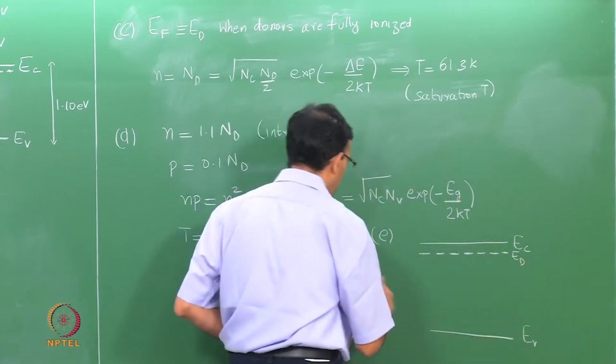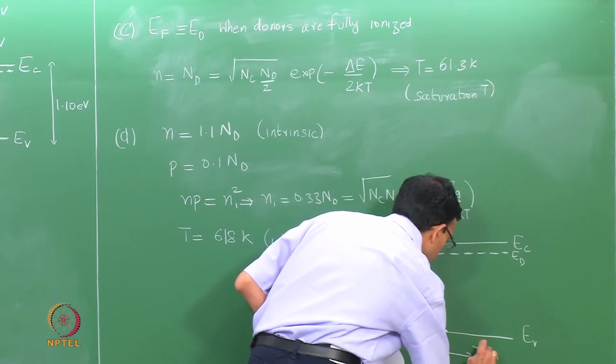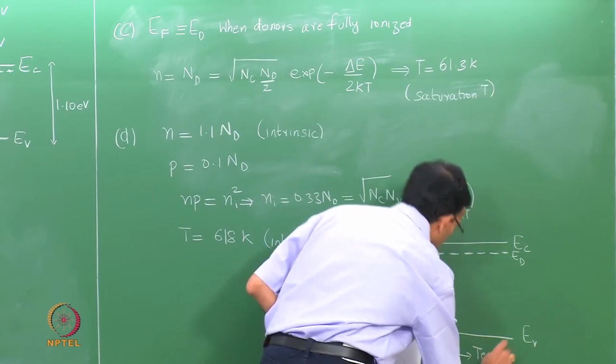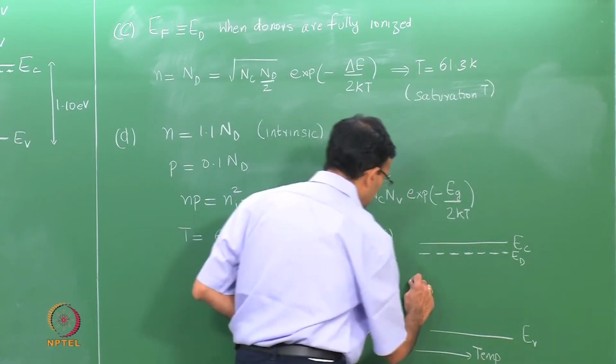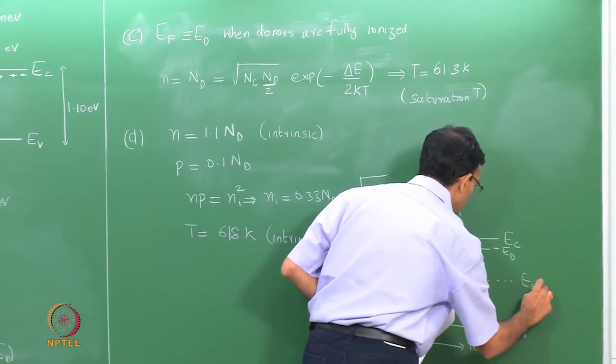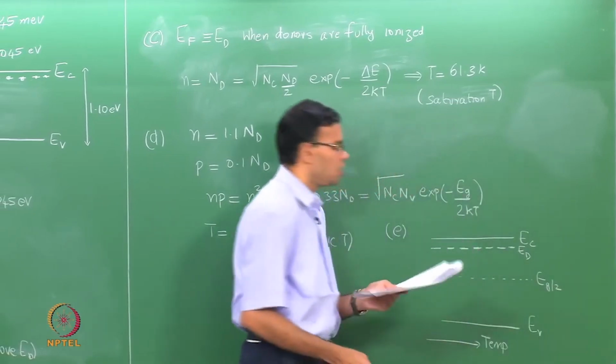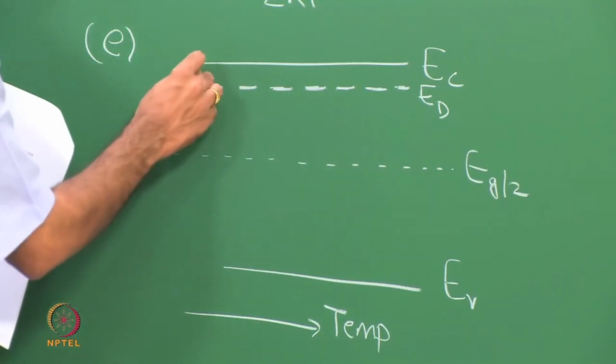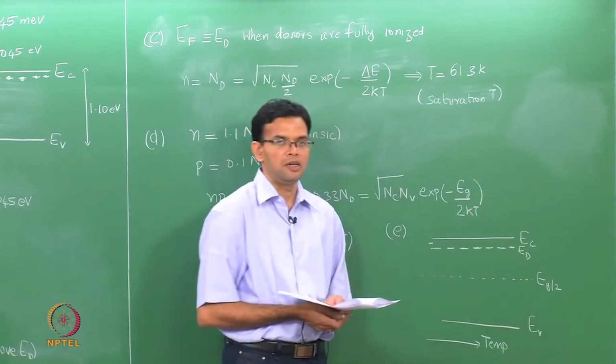Just for schematic, let me take this to be a temperature axis, and this is the center of the band gap, Eg over 2. At 0 Kelvin your Fermi level starts to be here.